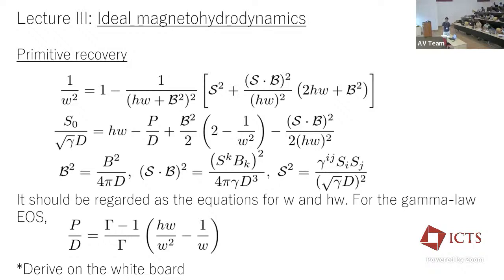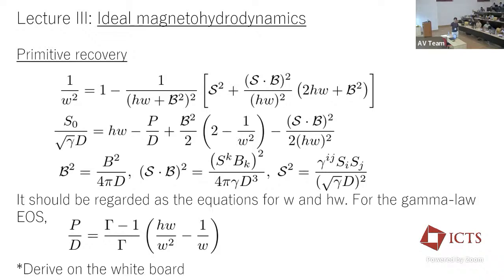And also, sorry, S square is a contraction of the S^i. So we know S^i, D, and B already. So these quantities are known quantities. And if you plug in these numbers, you can find the relation between the Lorentz factor and H omega. Also, the energy density is written by this one, like this.